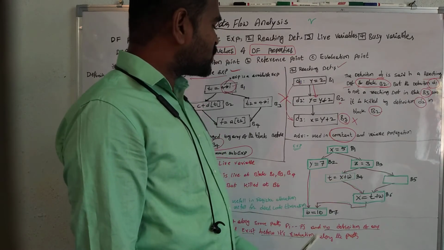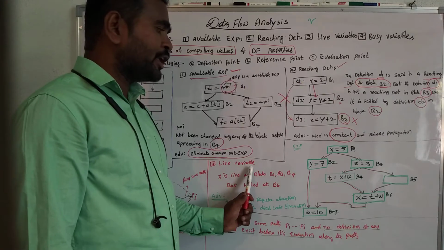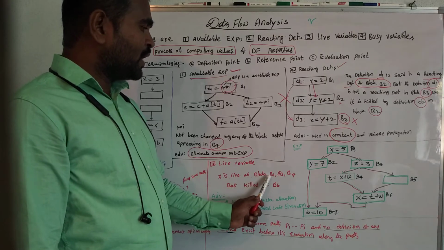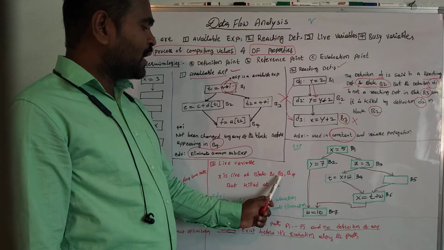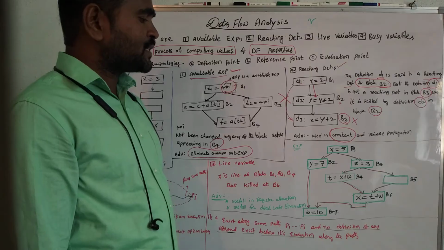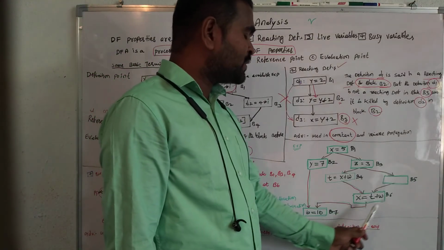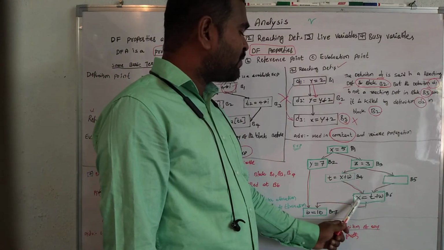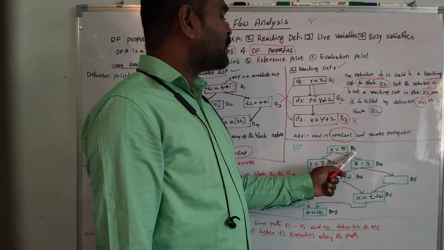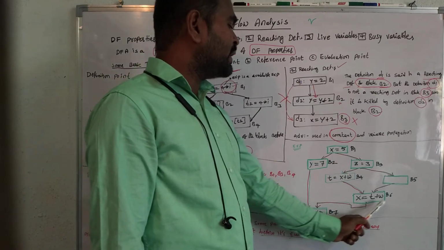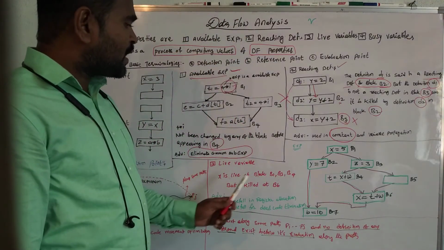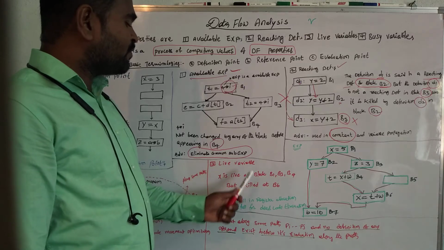That kind of expressions are called the live variables. So please see here, x is live at block B1, B3 and B4, but killed at B6. So why is it killed at B6? I define the x value as t plus w. So that is why the value from block B1 is killed in the B6 location. So these kind of variables are called the live variables.